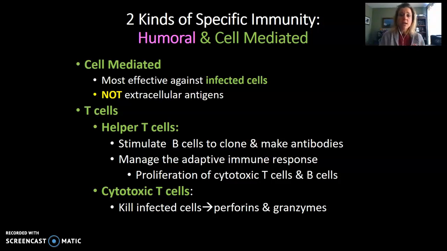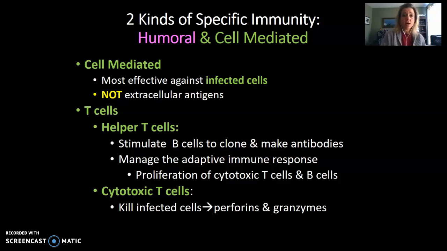Helper T cells are also going to release cytokines to stimulate B cells to proliferate and differentiate into plasma cells to make antibodies, and into memory B cells again to create that foundation for immunity. They're also going to stimulate B cells to create higher concentrations of antibodies at faster and faster rates.